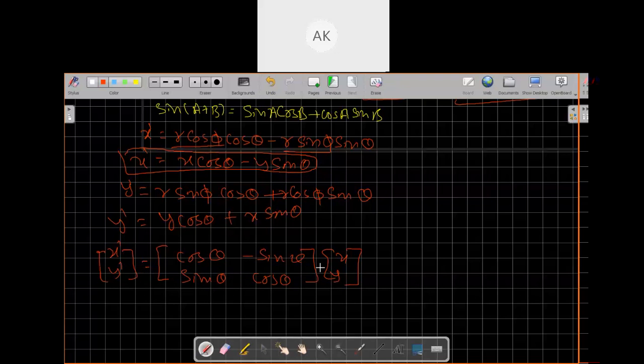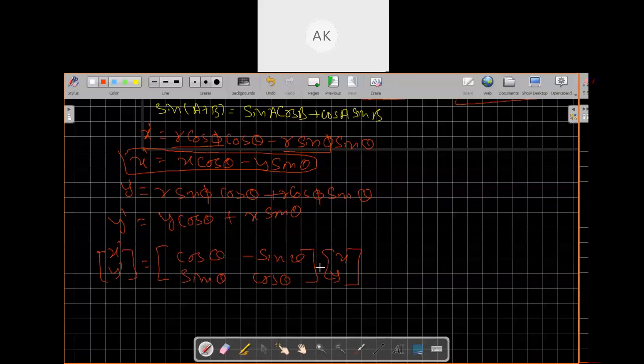Let's draw these points on the coordinates: 0 0, 0 4, and minus 4 4. The first point is 0 0, the same. The next point is 0 4, which is here, and the next point is minus 4 4, counting 1 2 3 4 on the negative side and 4 up.